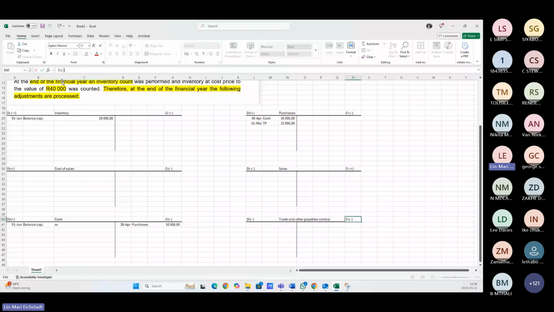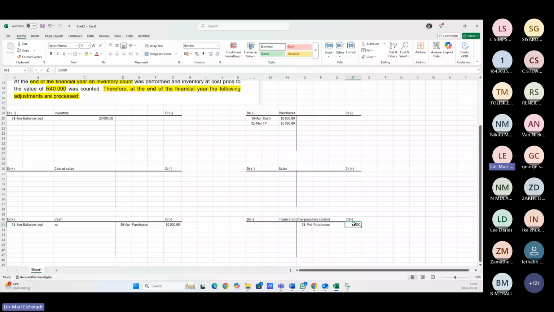So if we don't pay for something in cash and our cash isn't decreased, we increase our trade and other payables. So the amount that we would have to pay the supplier at a later point in time is then accounted for in our trade and other payables account. And the contra account is again purchases, similar to cash, but in this instance, we aren't paying for it right now. We will pay for it, but it's on account.